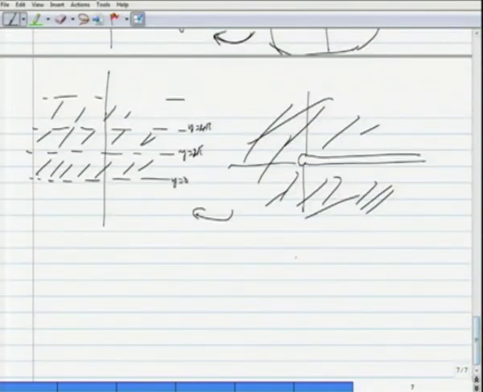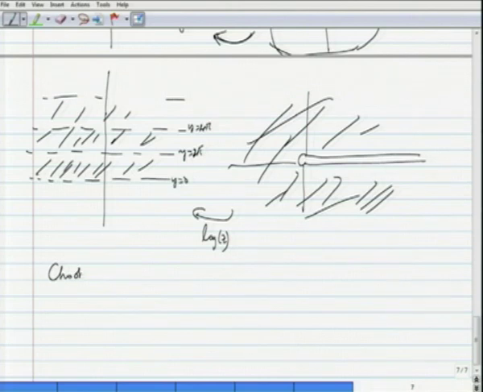You can pick one of these horizontal strips, and then log z, where z belongs to this domain here, is a continuous function.